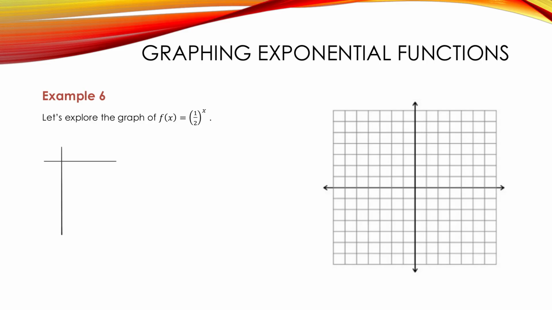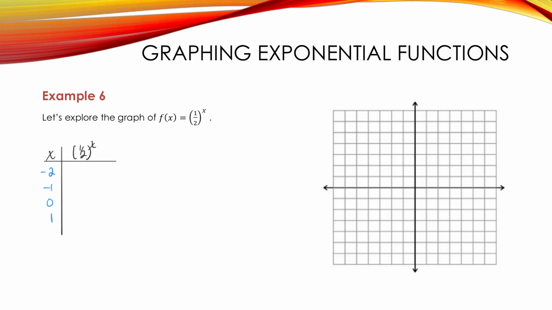So we've got x and 1/2 to the x. Okay, so let's start with the points that we know we need to plug in, which are -1, 0, and 1. And I'm going to leave a little space because I'm also going to try -2 in here. But let's start with -1.